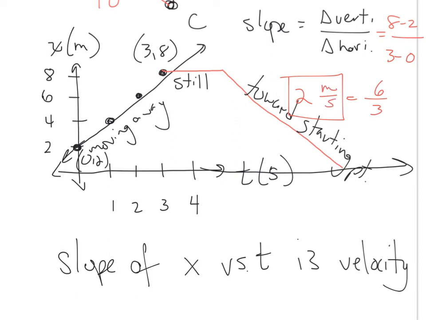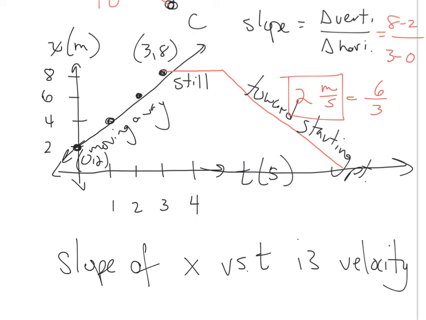Units of meters per second are units of velocity or speed, either one, but they're units of a rate of change. So whenever you have a position on the y-axis and time on the x, you have a position versus time graph, you can calculate the velocity of the object at any point. In that red region, at the top, the velocity was 0.